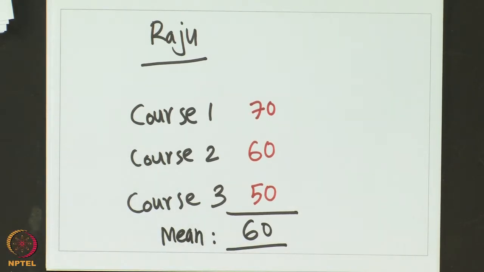So the mean is 60. Now consider some other person other than Raju, let's say Ajay.